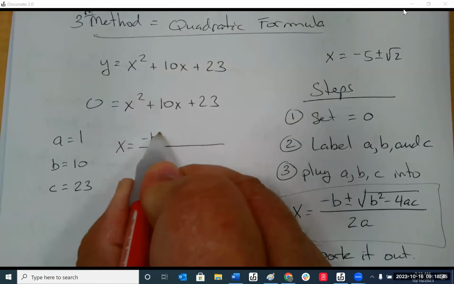Since it's a square root, once you have 2 of a kind, that 2 of a kind can come out in front. Anything else stays inside the radical. So radical 8 becomes 2 radical 2.